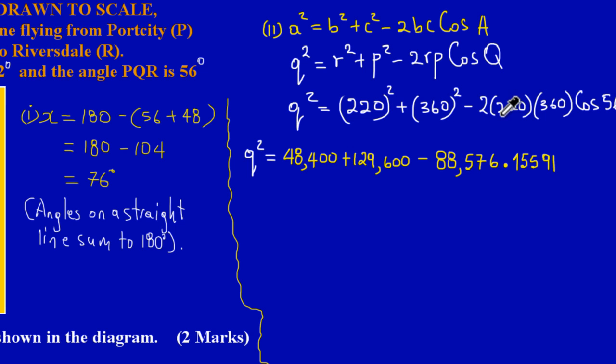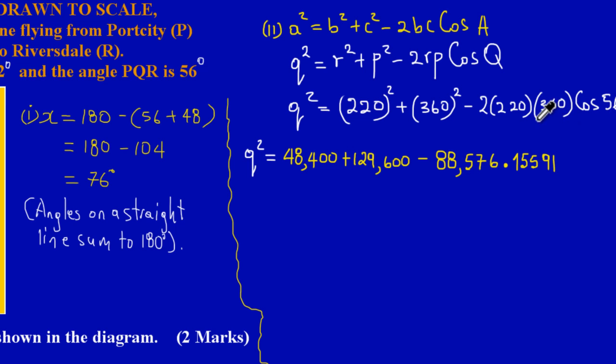So we said negative 2 multiplied by 220, and whatever we got for that, we multiplied by 360, and then multiplied by cos 56. You can take out your calculator and press the cos button and then 56, or on some calculators you may have to press the 56 first, depending on what type of calculator you have.